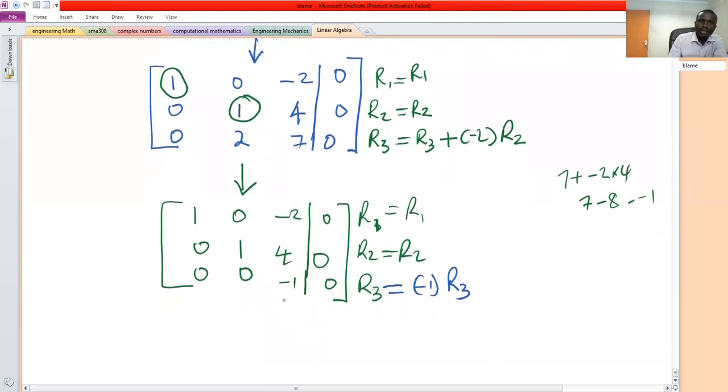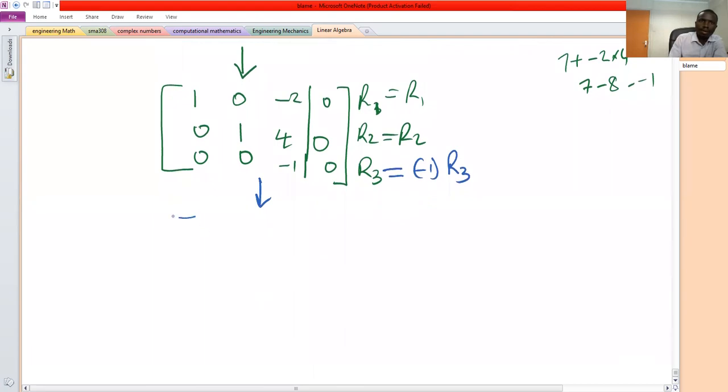By that, our matrix is 1, 0, minus 2, 0; 0, 1, 4, 0; 0, 0, 1, 0.